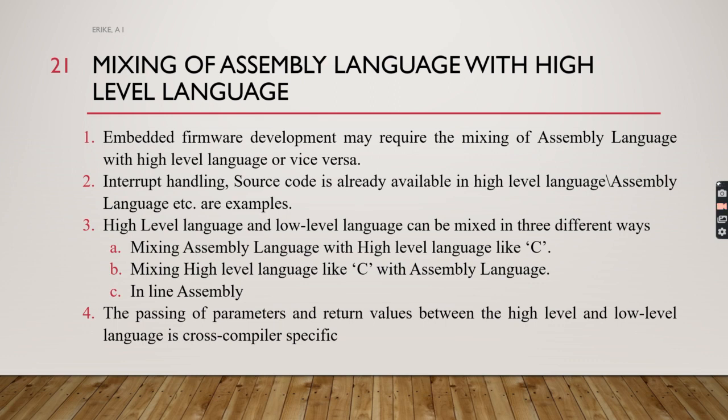High-level language and low-level language can be mixed in three different ways: mixing assembly language with a high-level language like C, mixing a high-level language like C with assembly language, and inline assembly. The passing of parameters and return values between the high-level and low-level language is cross-compiler specific.